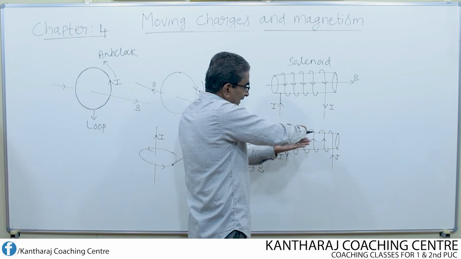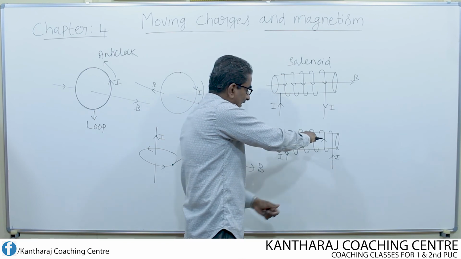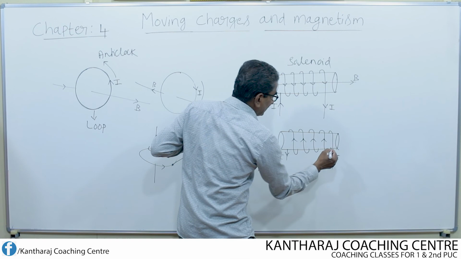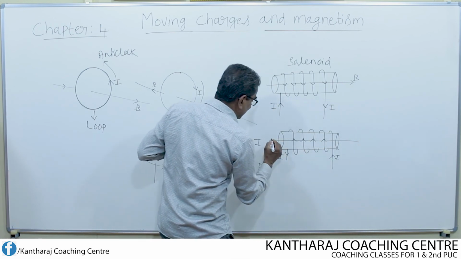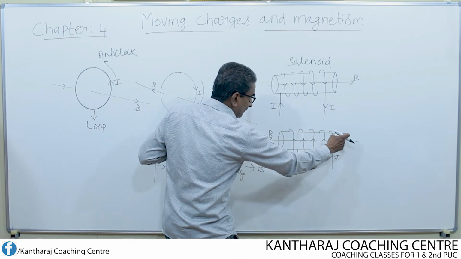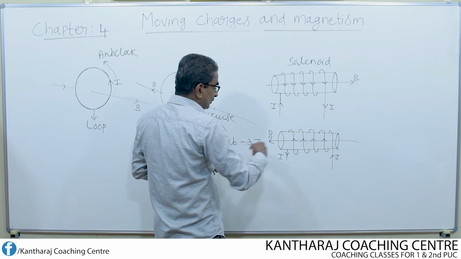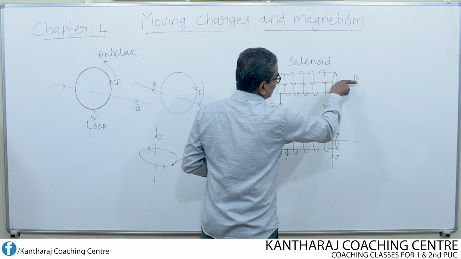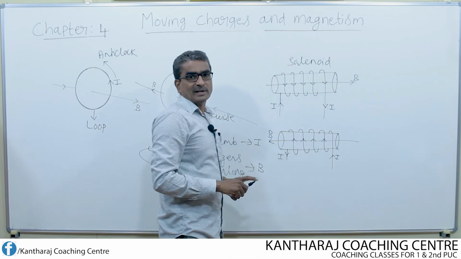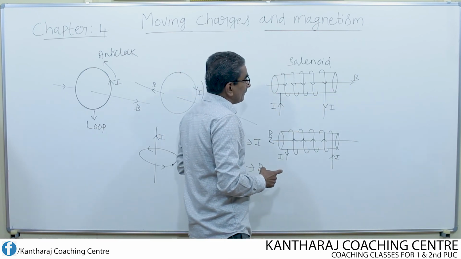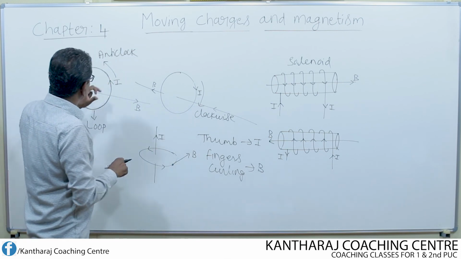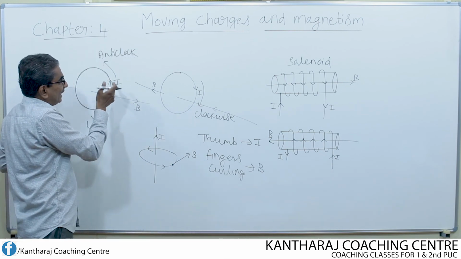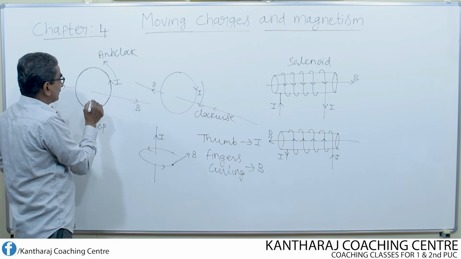If this is the curling direction which gives the direction of current, then the thumb finger gives the direction of magnetic field. So in this case, the direction of magnetic field will be once again along the axis, but it will be along this direction. It will be towards left side for this current, and it will be right side for this current. And remember, in both these cases, one face behaves like south pole and another face behaves like north pole.